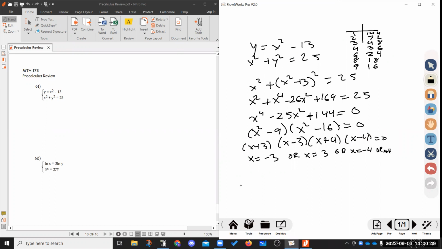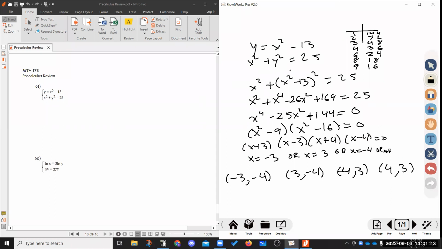So if x is -3, then y is going to have to be 9 minus 13, which is -4. If x is 3, also going to have -4. X is -4, that's 16 minus 13 is 3. X is 4, also going to have 3.